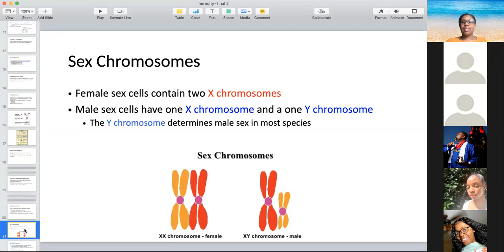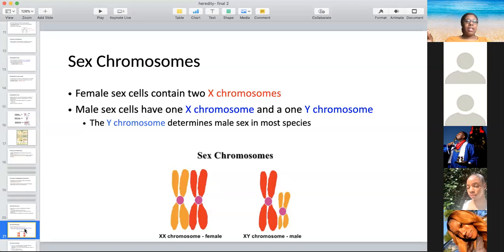You should have heard this before. The female sex contains 2 X chromosomes. We're looking at the sex chromosomes right now, not the autosomes that determine our other features. Those that determine sex we call our sex chromosomes. So the female contains 2 X chromosomes, XX. If you're looking at a human karyotype with pairs of chromosomes 1 through 22 laid out in pairs, and at the end you see XX, that tells you the individual is a female.